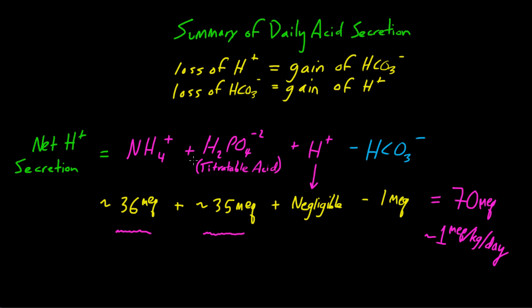But let's look at each piece individually and how it could possibly contribute to an acid-base disorder. The ammonia here, one interesting thing is that it's actually responsive to changes. So if you're developing a metabolic acidosis, the kidney can increase the amount of ammonia production, which can buffer more hydrogen ions. So this is adaptable by the proximal tubule.